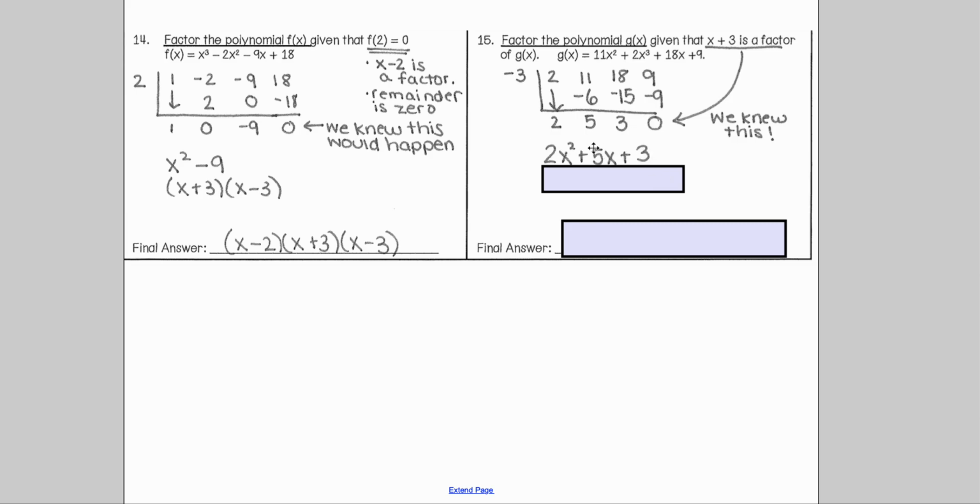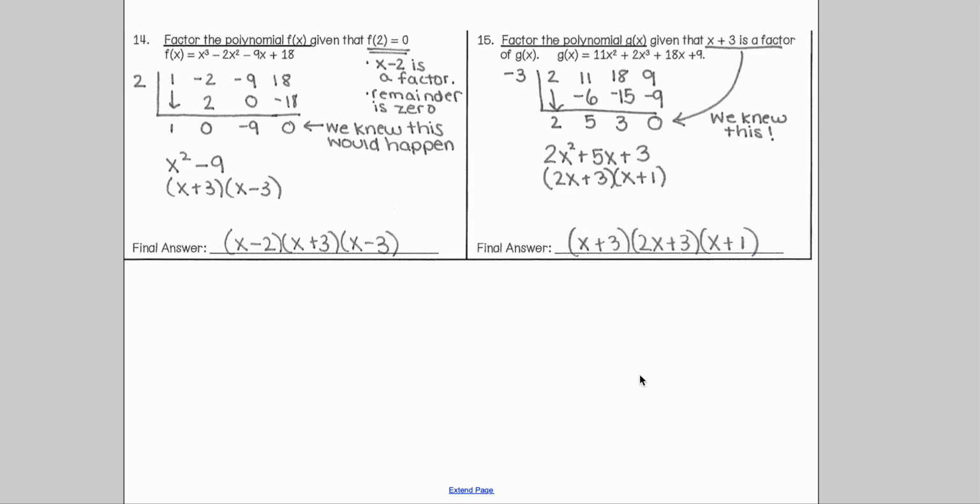Now, what happens if this is not factorable? If this is not factorable, then your final answer would be x plus 3 times this quadratic. And then that would be your answer. But this can keep going. And so put all the factors together, the given one in the beginning and the ones that you just found.